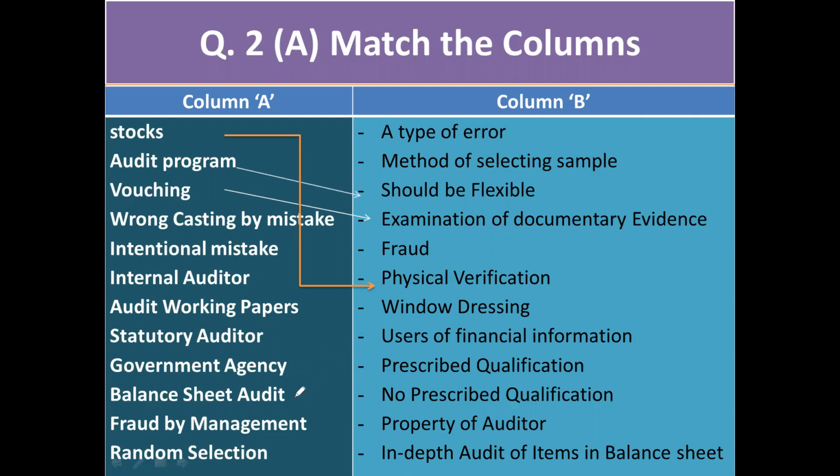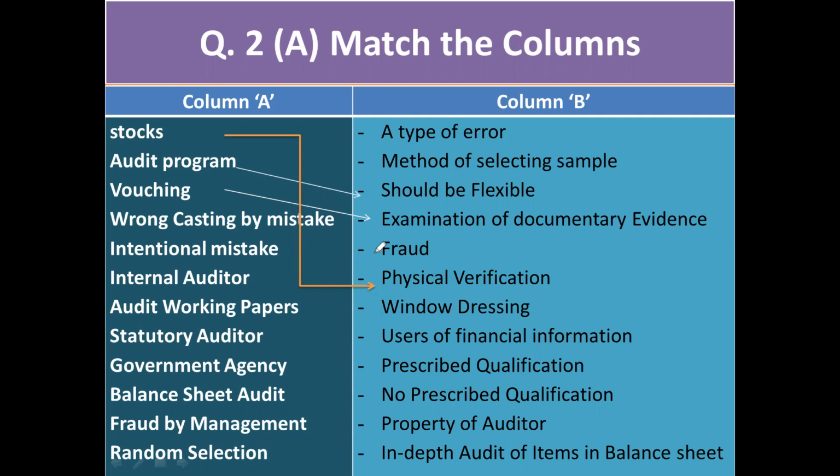Then the balance sheet audit. It is an in-depth audit of items in balance sheet. Fraud by management, this is the window dressing, right? Then the random selection. Random selection is a method of selecting samples. So this way you have to match the columns.